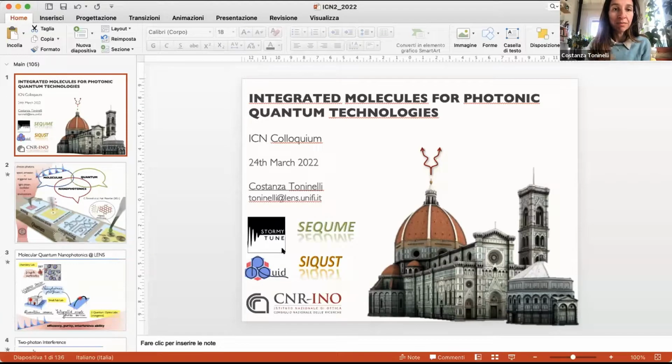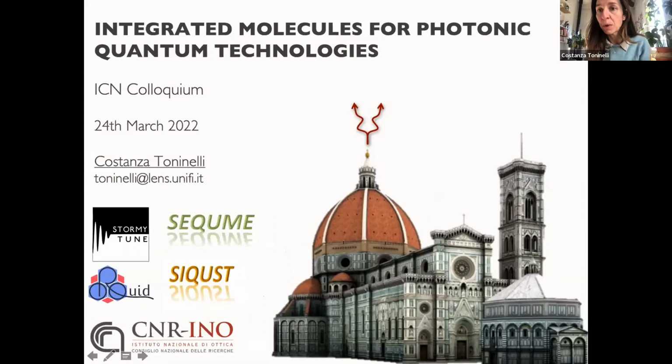So if you agree, I would propose to discuss my recent activities on organic molecules for photonic quantum technologies. These are actually an orthogonal platform, I would say, with respect to the more conventional ones based on quantum dots or color centers in diamonds for the implementation of photonic quantum technologies of different kinds.